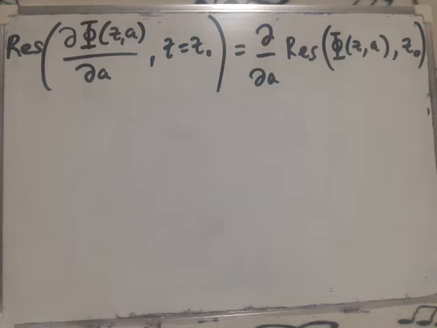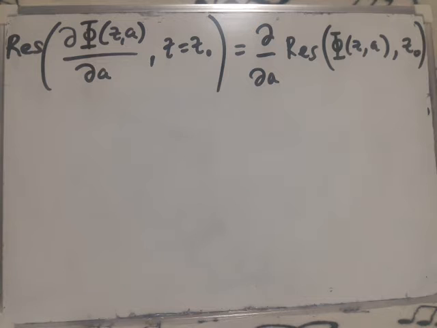Now that something else you hope is going to be, for example, if you're after a pole of order 2, then you hope that it's the derivative of something which has a pole of order 1.